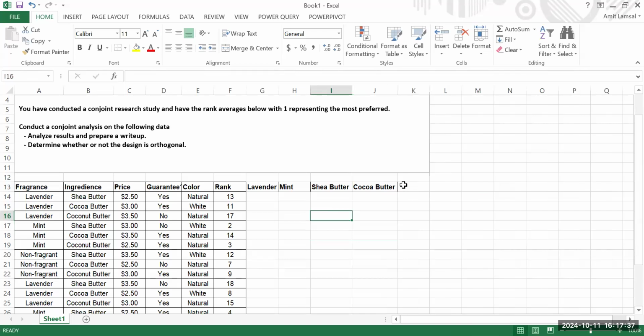Like for the price, there also we choose two different ones, that is $2.50 and $3. And for the guarantee, we just choose the guarantee. And color, we also choose the color. And for the rank, we will give it as a reverse rank, because we are giving a different sort of rank for this one.